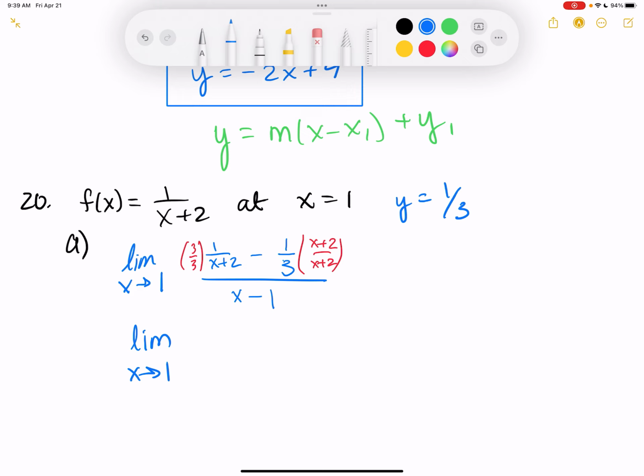So this is 3 minus x minus 2, because remember the negative goes to the whole thing, over 3 times x plus 2, I'm going to leave it like that for the moment, just in case. All over x minus 1.